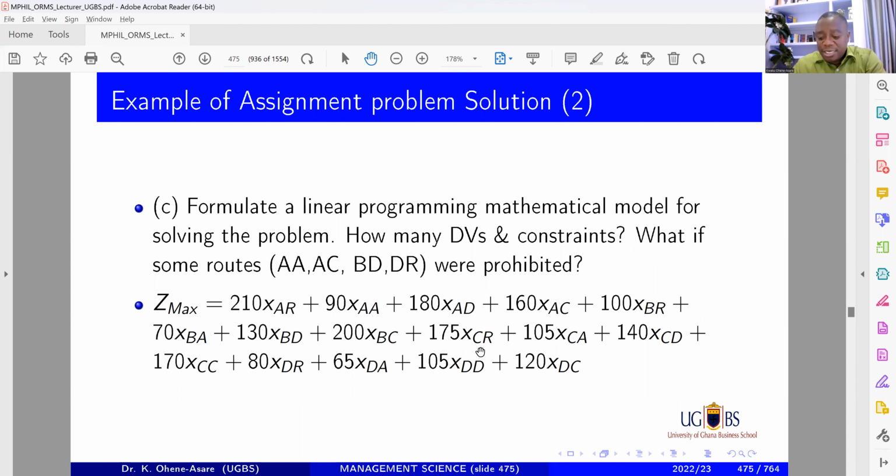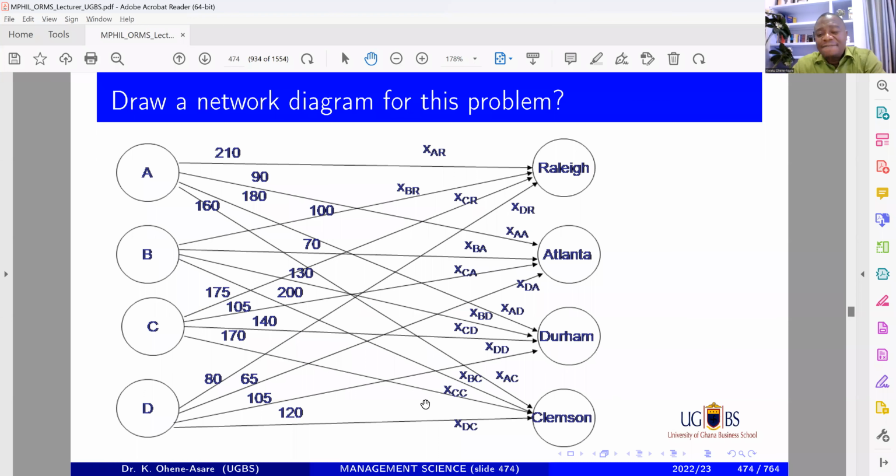The constraint. Let's go to the constraint. This one is subject to the constraint. Who can guess the first constraint? Let's do the first constraint for A, and then somebody will do the constraint for Clemson for me. Who can walk me through the first constraint for A alone?